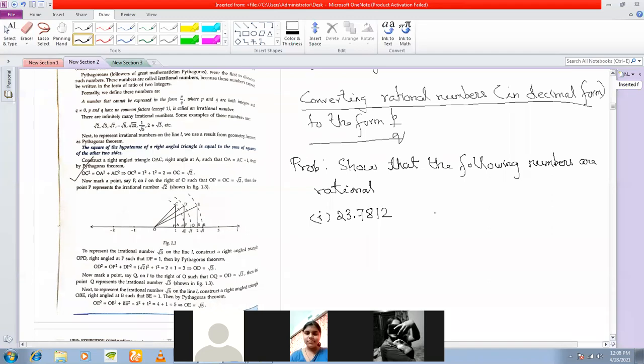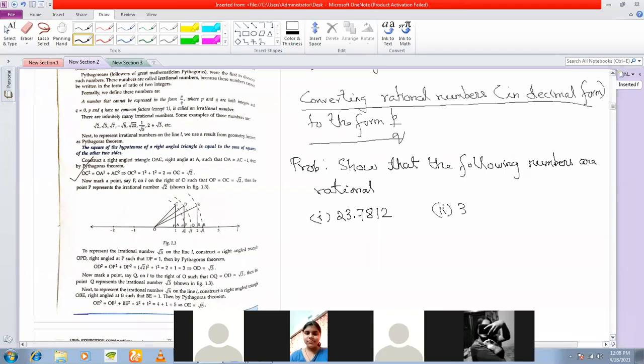23.7812 and 3.142678. Are these numbers rational? For the first one, 23.7812 is a number with a terminating decimal.